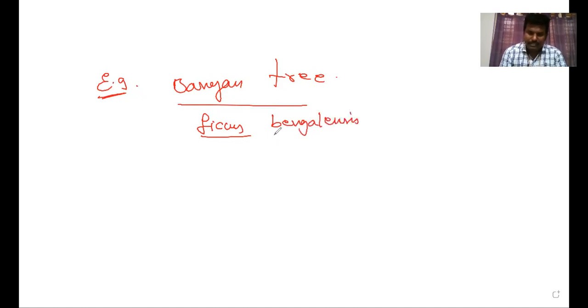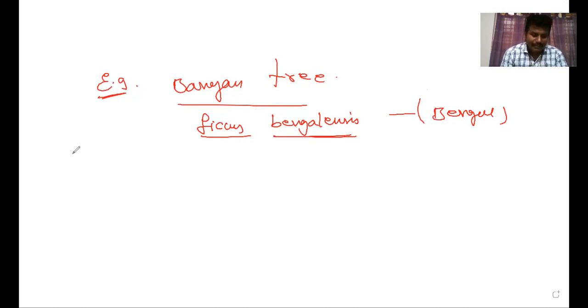Bengalensis means from Bengal, where it is commonly found.